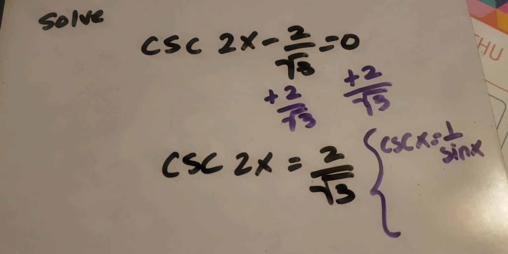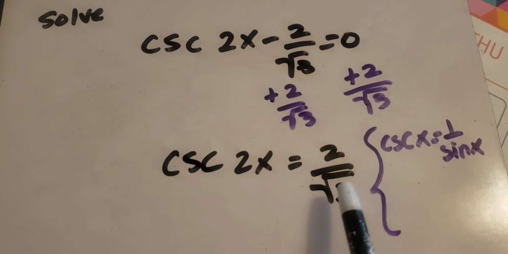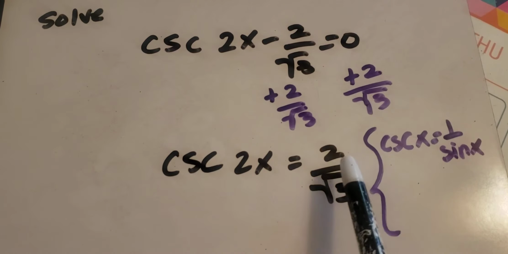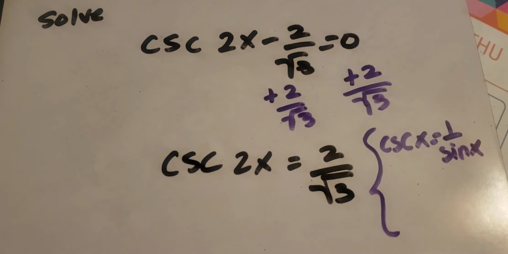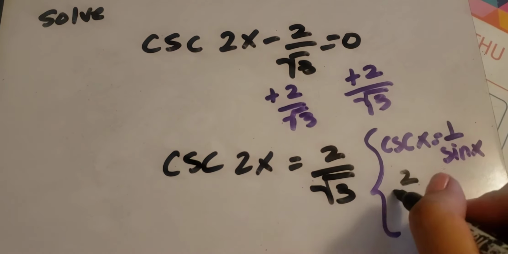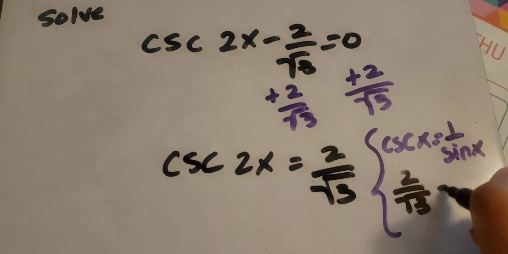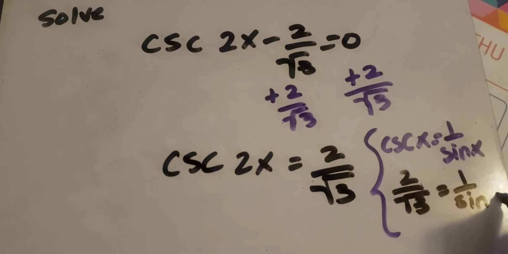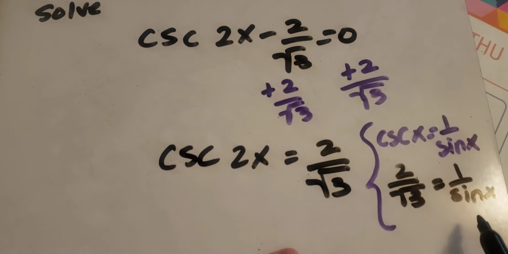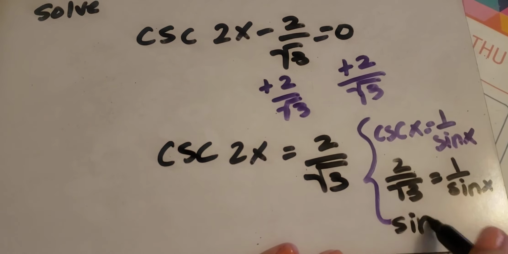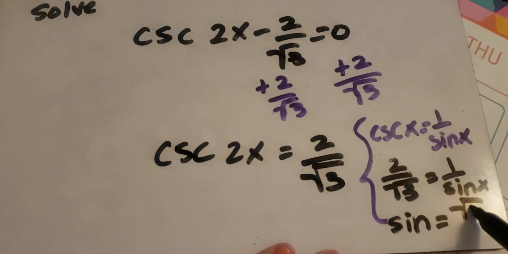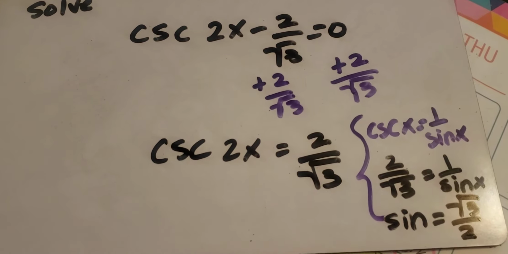If cosecant is 2 radical 3, we're going to solve for sine of x. So 2 radical 3 equals 1 over sine of x, okay? To get sine of x by itself, all I'm going to do is take the reciprocal. So sine of x is going to be radical 3 over 2, okay?